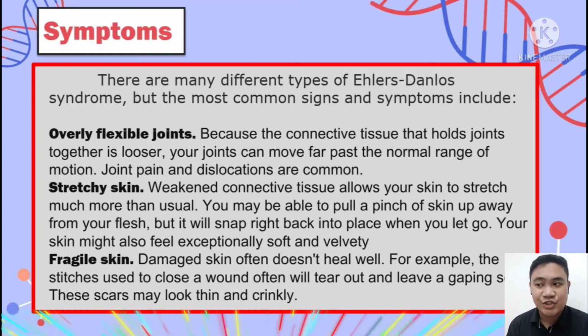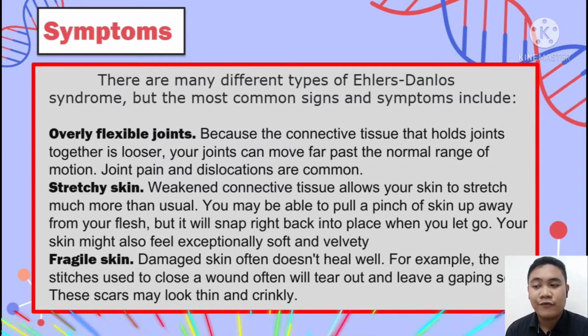Secondly is stretchy skin. Weakened connective tissue allows your skin to stretch much more than usual. Damaged skin often doesn't heal well. For example, the stitches used to close a wound often will tear out and leave a gaping scar, and these scars may look thin and crinkly.